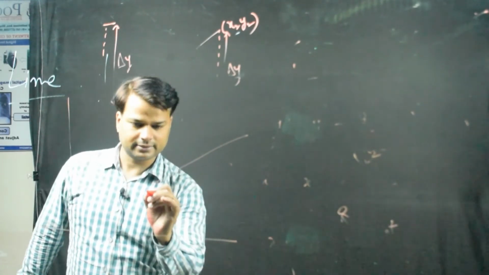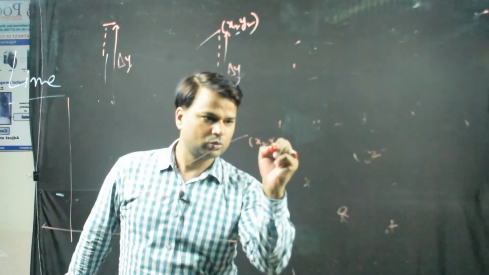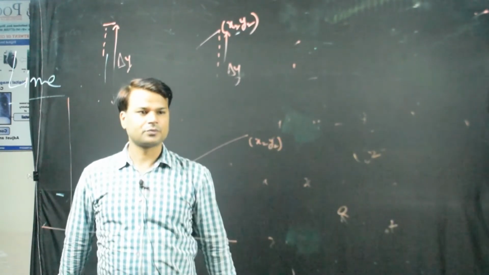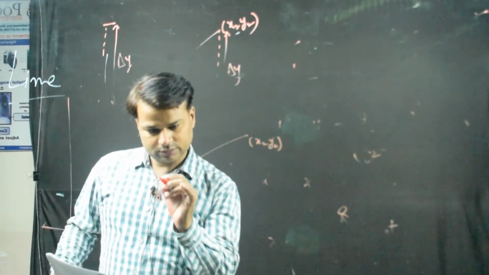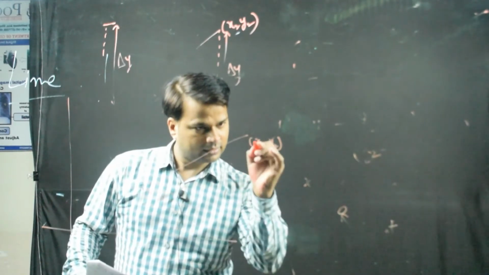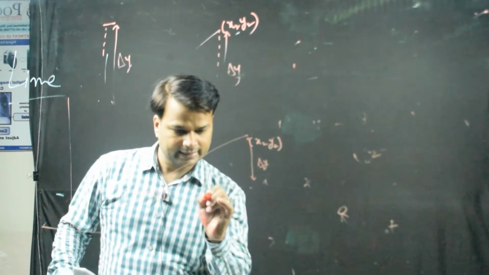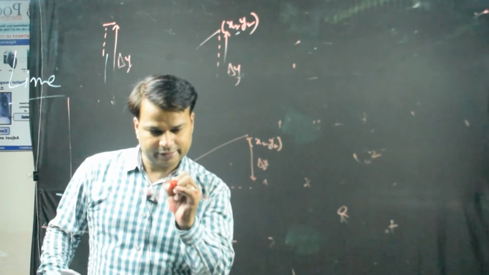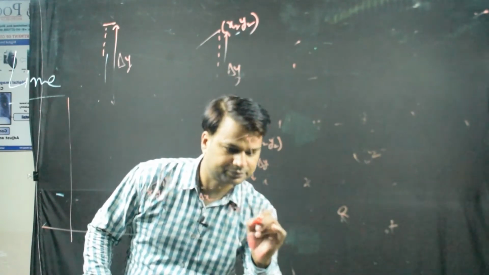It means this is x1, y1, this is x2, y2. In this particular scenario, if this is delta y and this is delta x, I can easily deduce that my delta x is greater than delta y.